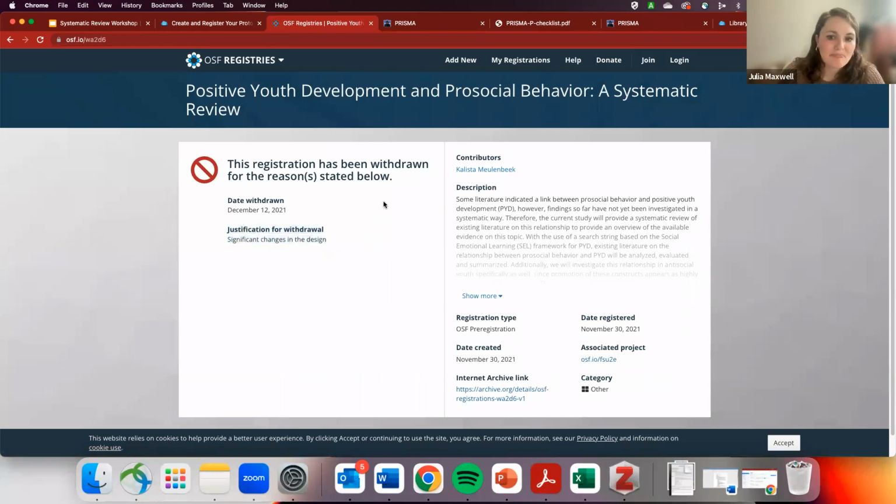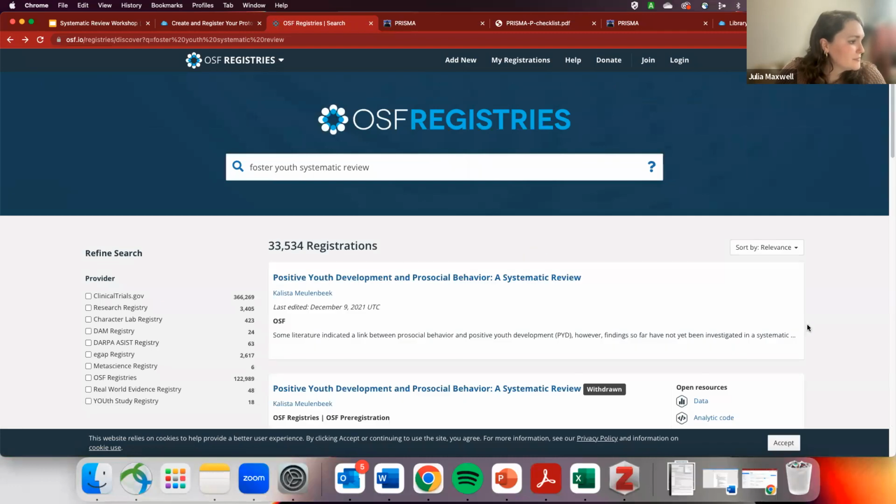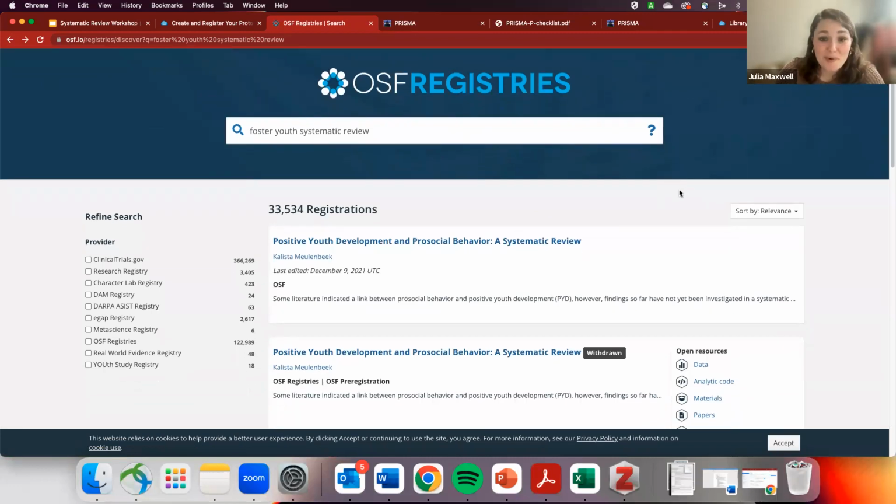So they probably started and couldn't come to a consensus on something and went back to the drawing board, which happens sometimes. Another good reason to write a protocol, right? Because then you're not halfway through the paper before you realize that that's a problem.